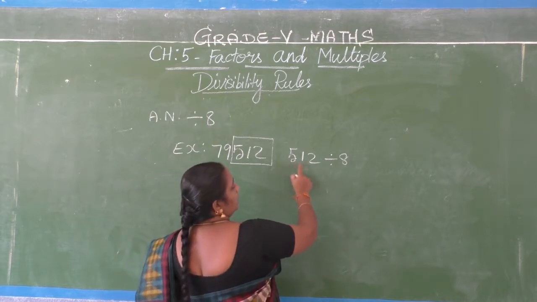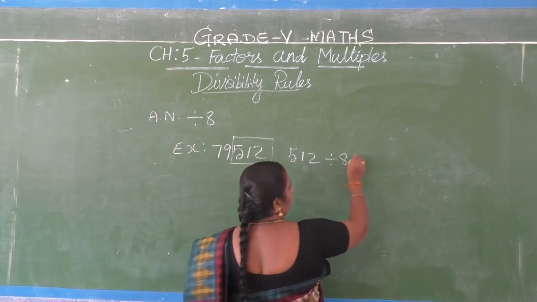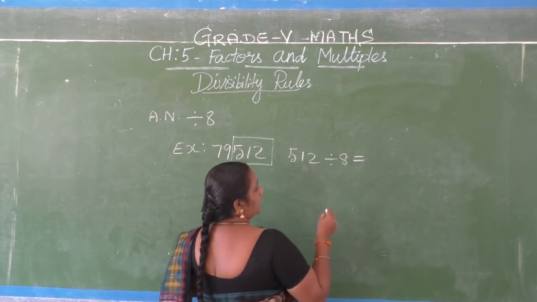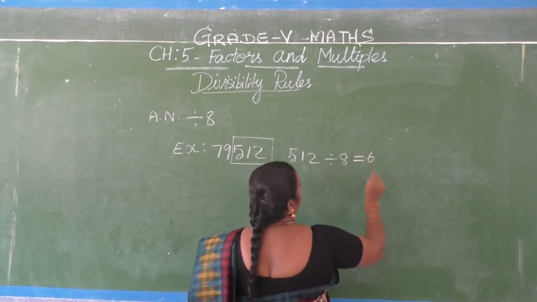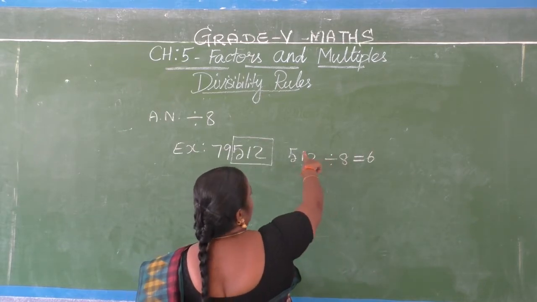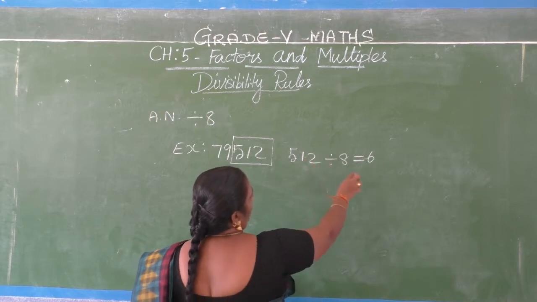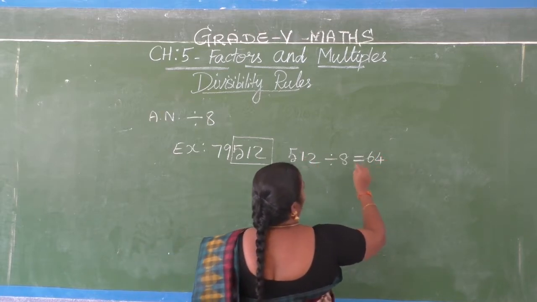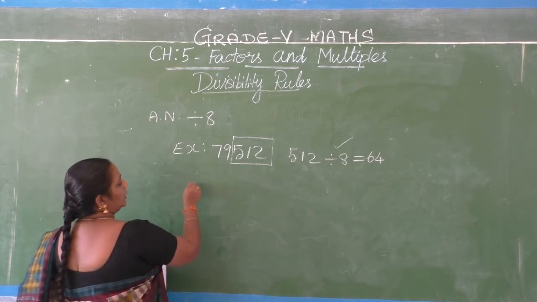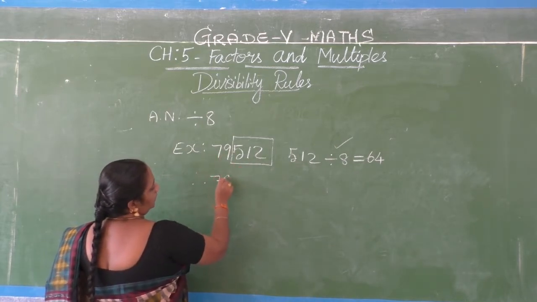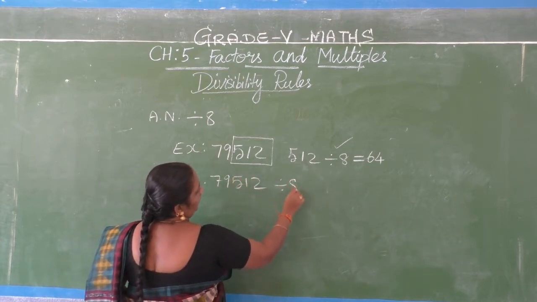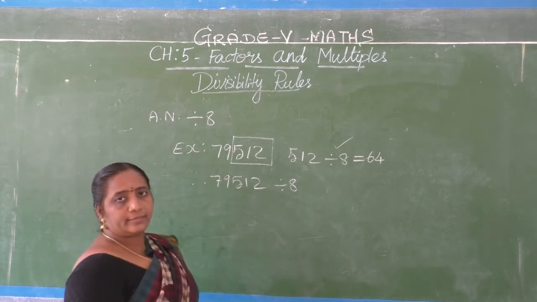So how many times will 8 go into 51? 5 8s are 40, 6 8s are 48. 6 times it will come, no? 6 8s are 48. Then the remaining 3 is there, so 32. 4 8s are 32. So that means 512 is divisible by 8. Therefore, this whole number 79,512 is divisible by 8.